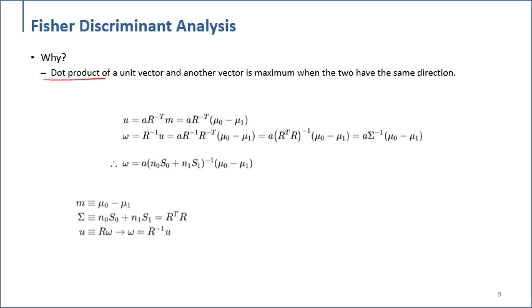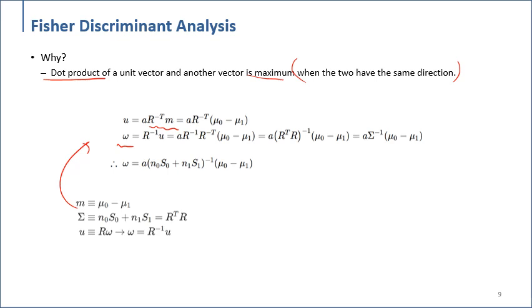We have discussed that the dot product of a unit vector and another vector is maximum when the two have the same direction or are parallel. So the u vector should be parallel with R inverse transpose m. From that we can rewrite using the definition that we defined earlier, and our ultimate goal is finding the projective space omega.